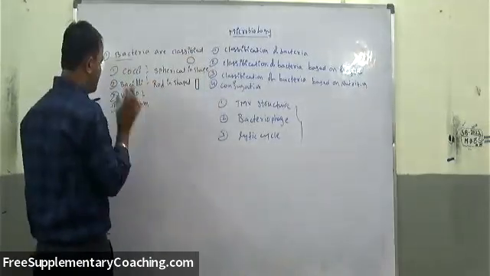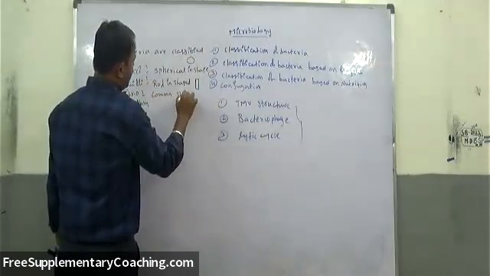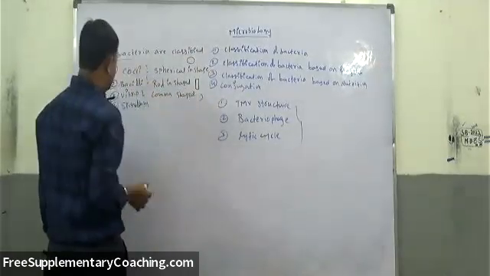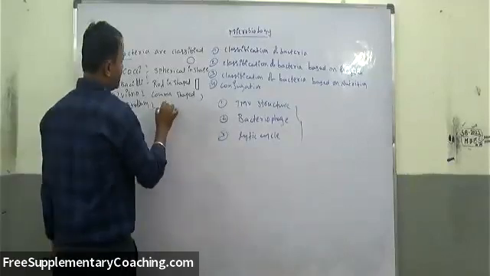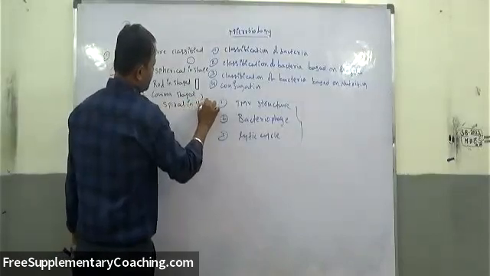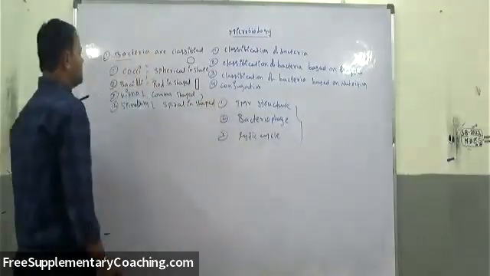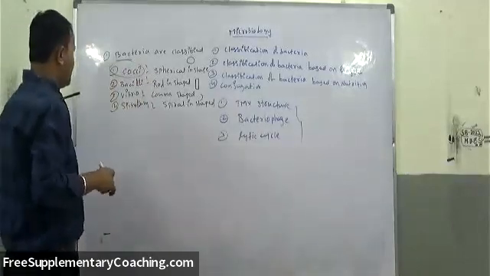Vibrio is comma shaped, like this. Spirillum is spiral in shape. So these cocci and bacilli are further classified.